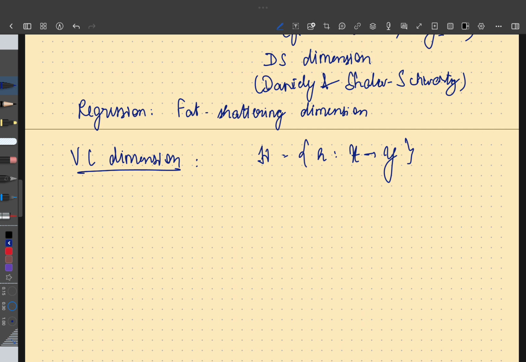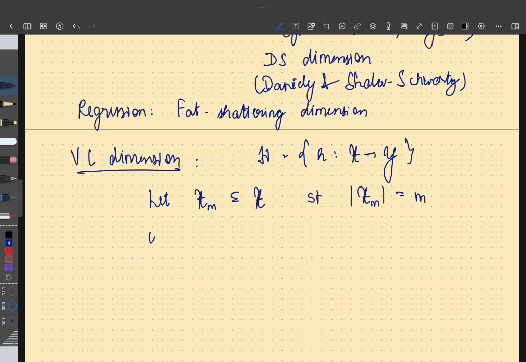It could be infinite. Doesn't matter. So let's take some subset of the domain set which has exactly m elements. So for any subset of X with exactly m elements, we can consider the restriction of H to X_m.